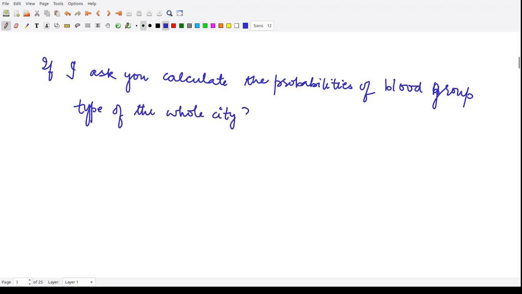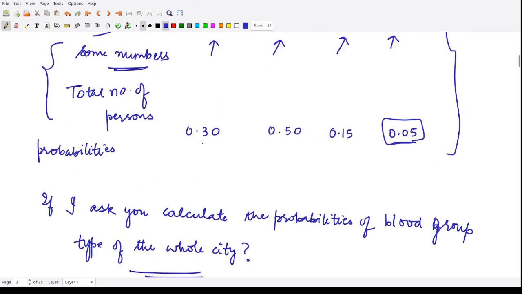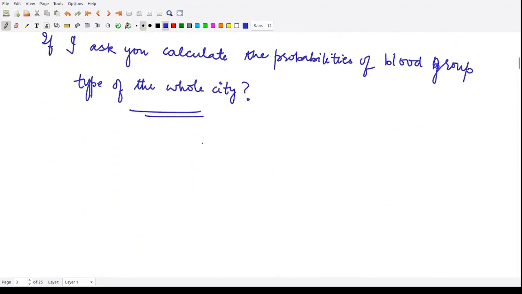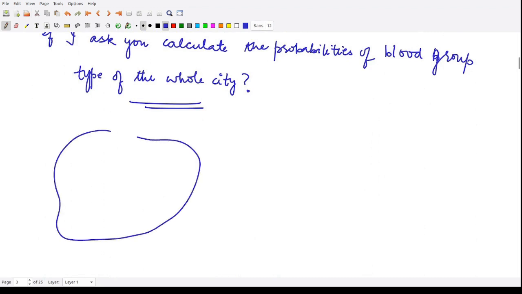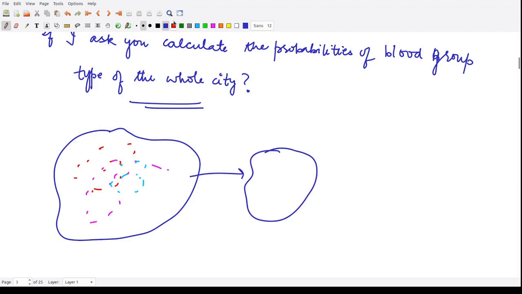So in that case what you can do, you can utilize this above data. How? Because in that whole city, suppose this is your city and there are several different people around in this city, right? So what you can now do, you can take a very small number of elements out of this bigger city, so that you have few members of this kind, few members of this kind, and few members of this kind. So basically this is your sample and this is your population.